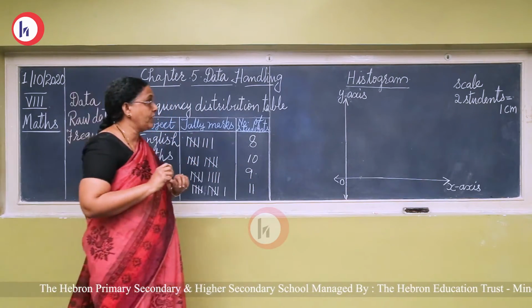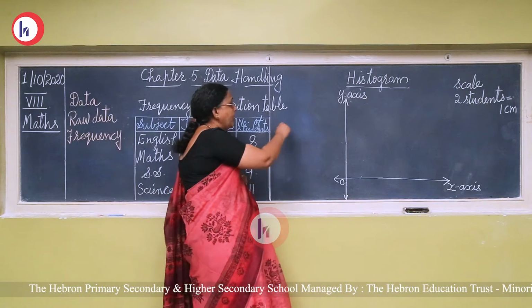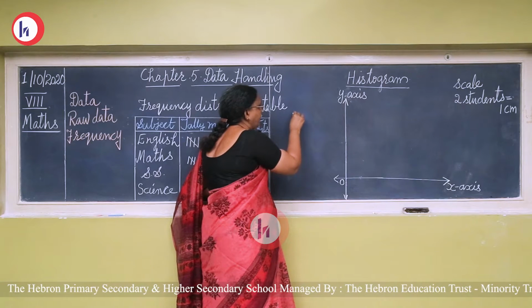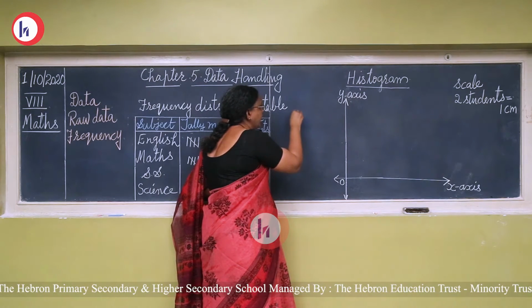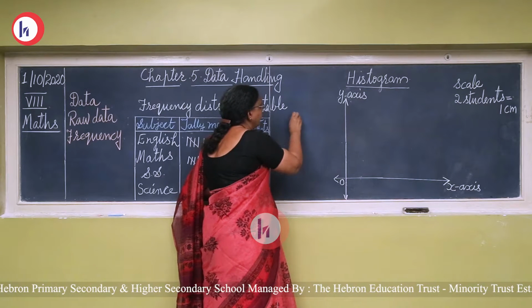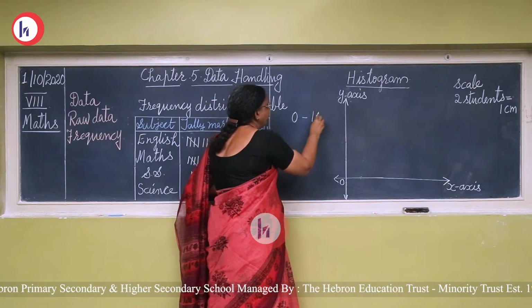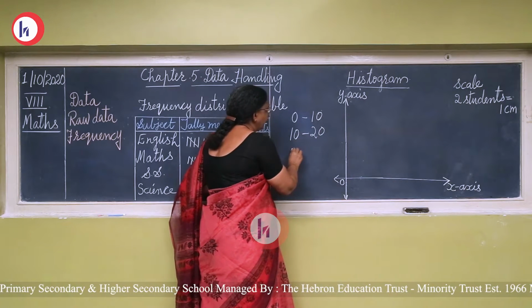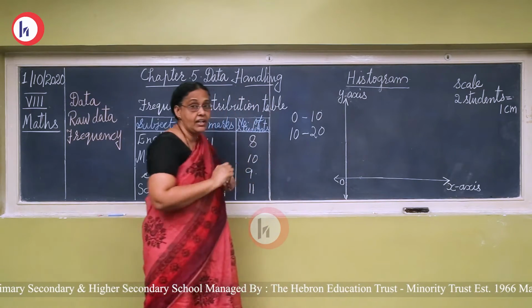For that we have to make groups. When the numbers increase, we can make groups like 0 to 10, then 10 to 20, 20 to 30, like that.